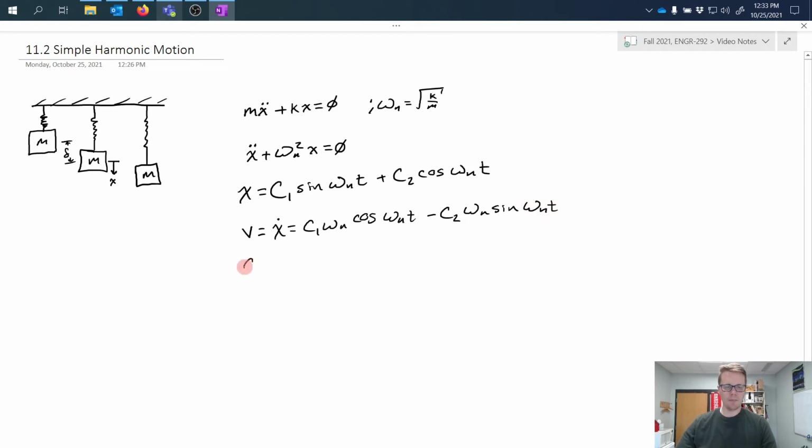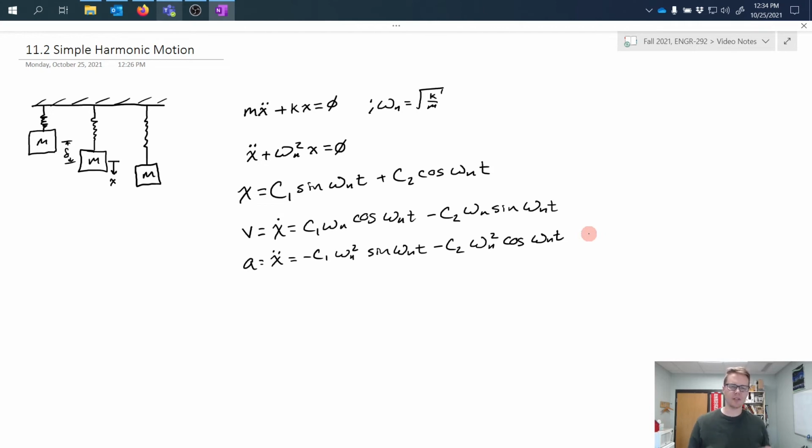I can do it again by taking the second derivative, and I'm going to get an equation of the form minus c1 omega n squared sine omega n t minus c2 omega n squared cosine omega n t. So I've taken one time derivative and then a second time derivative in order to solve for x dot and x double dot in this case.